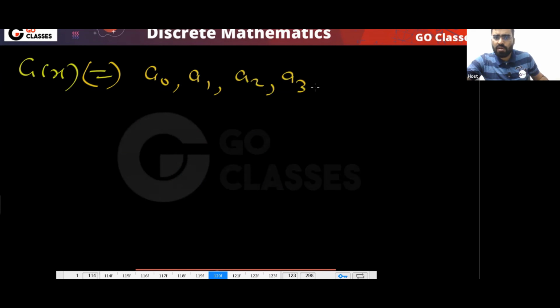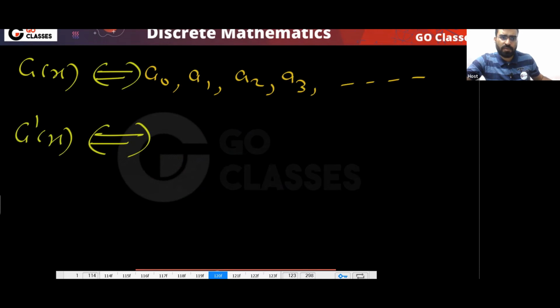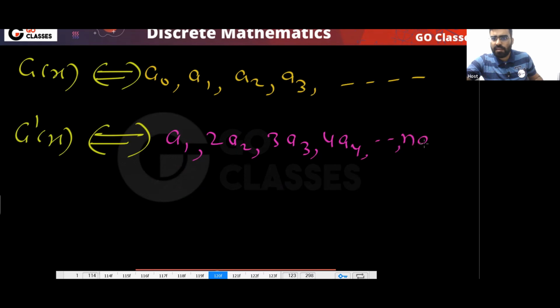If you have this generating function for the sequence a0, a1, a2, a3, then what will be the sequence for g'(x)? That will be a1, 2a2, 3a3, 4a4, like this. So this is the idea.